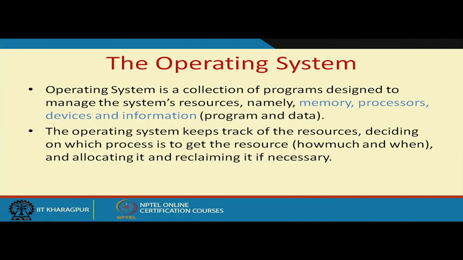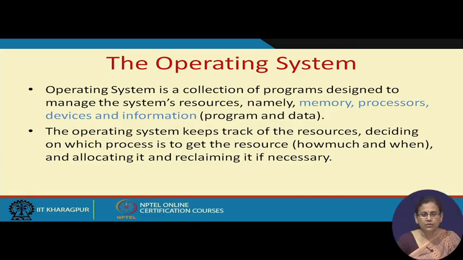Your operating system is a collection of programs designed to manage a system's resources like your memory, processor, devices, information etc. This operating system keeps track of the resources and decides when to use and how much to use while sharing the resources among various processes.